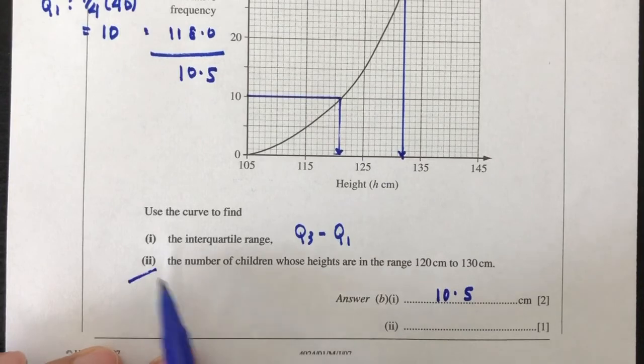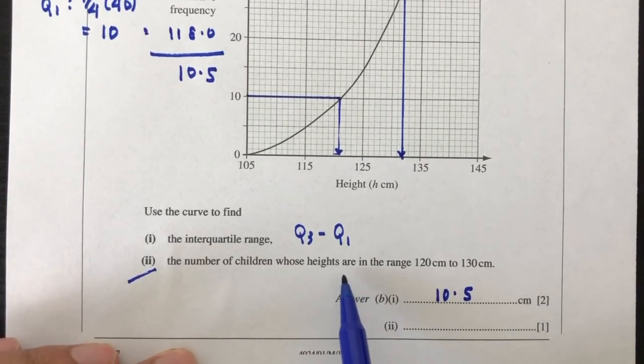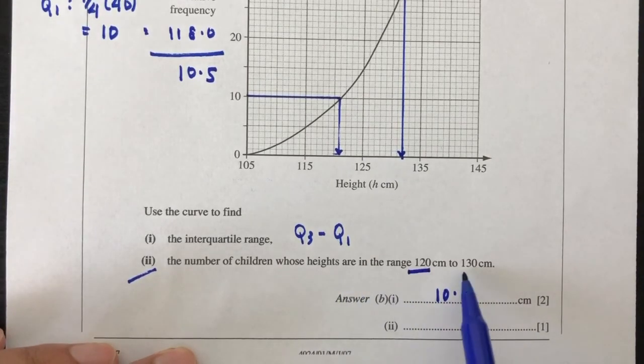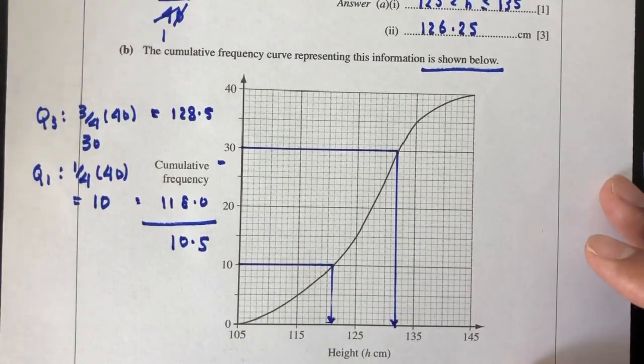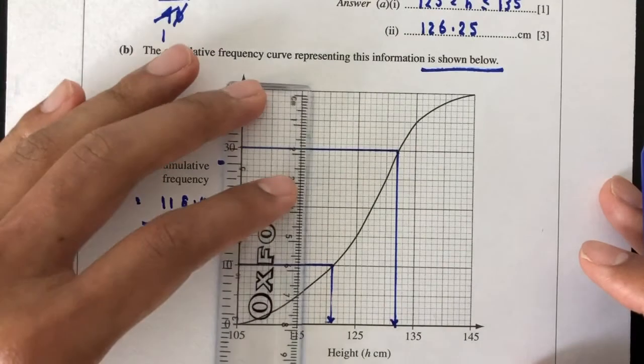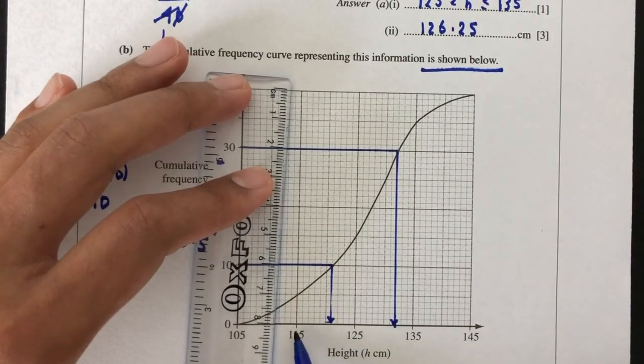Now for part 2, find the number of children whose heights are in the range of 120 to 130. So pretty easy, 120 height is here, so 16, 17, 18.